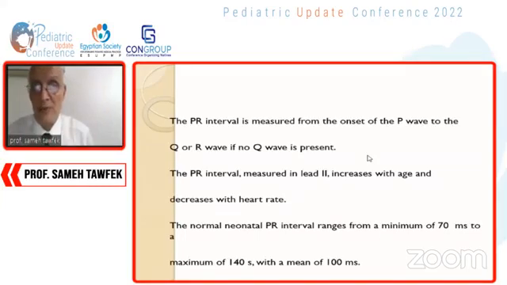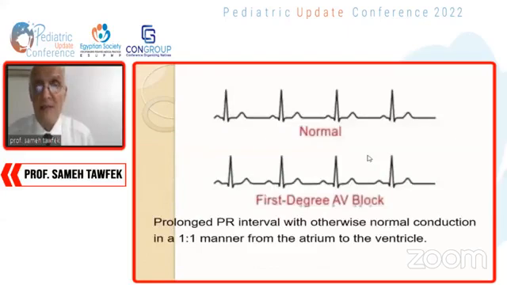If no Q wave is present, the PR interval is measured in lead 2, and it increases with age and decreases with heart rate. The normal neonatal PR interval ranges from a minimum of 70 milliseconds to a maximum of 140 milliseconds, with a mean of 100. On the top, the ECG is normal, and on the bottom, first degree heart block with 1-to-1 conduction.